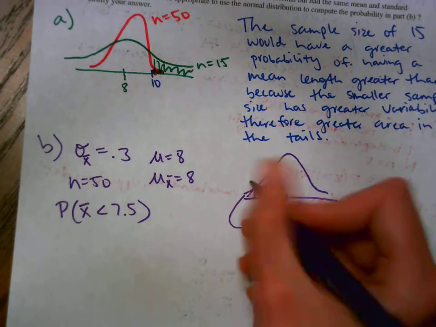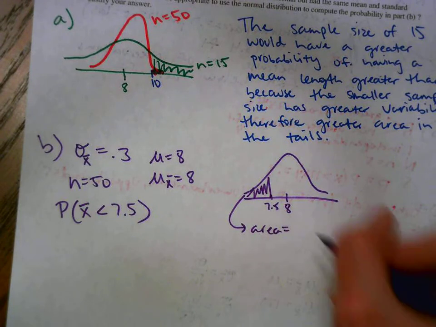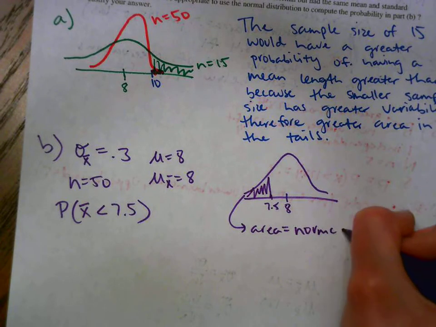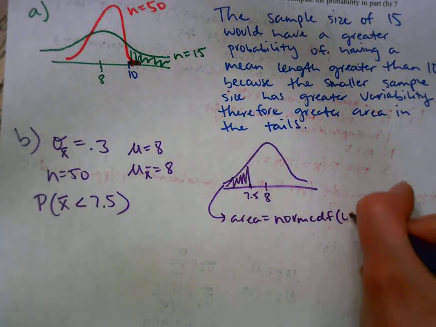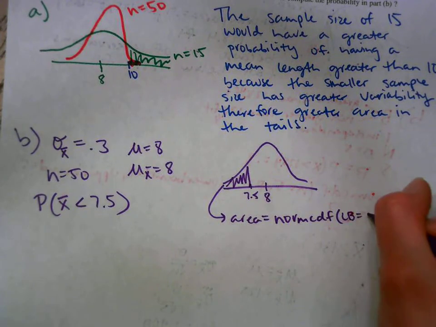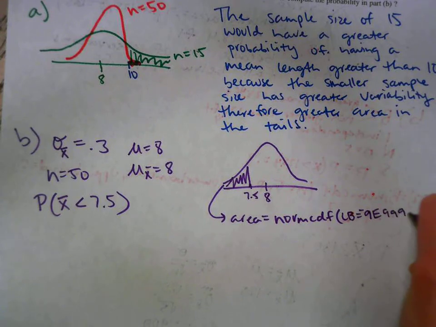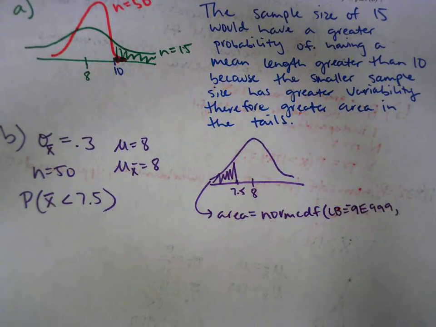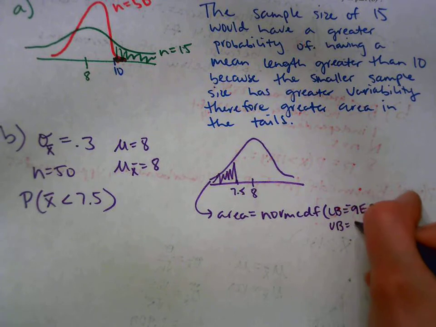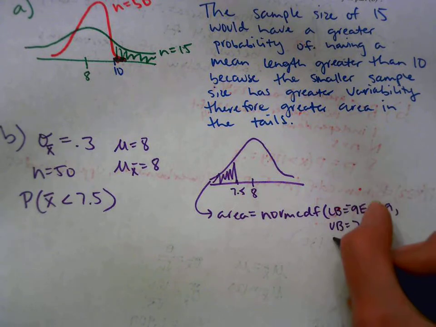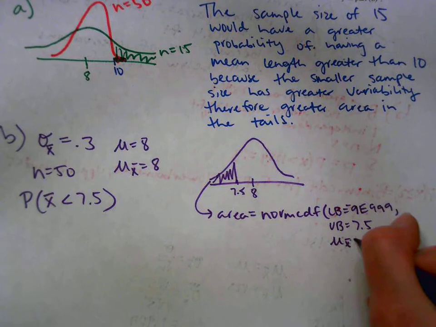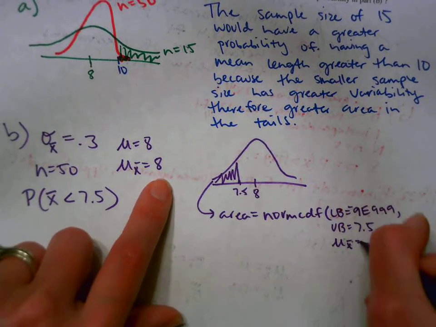So that area is going to equal normal CDF. The lower bound would be negative 9E999. The upper bound would be 7.5. The mean of the sample, because this is a sampling distribution, is 8.